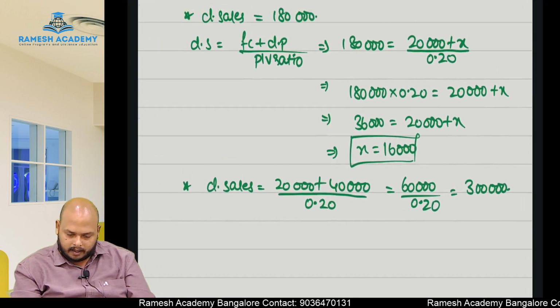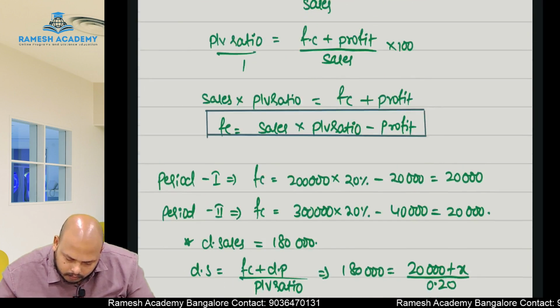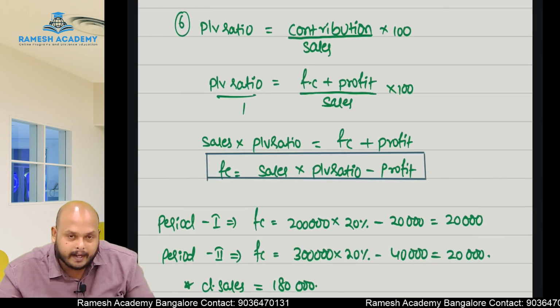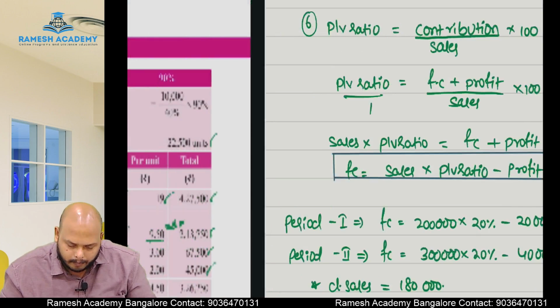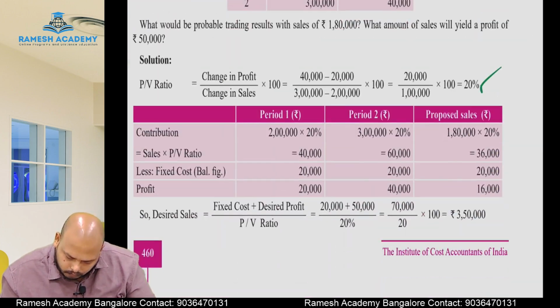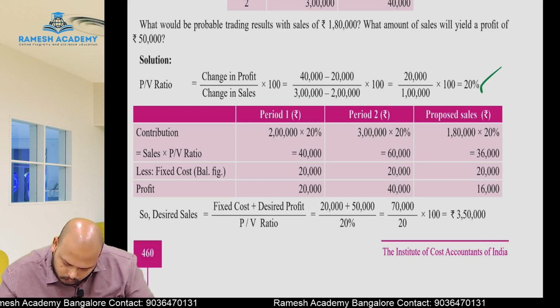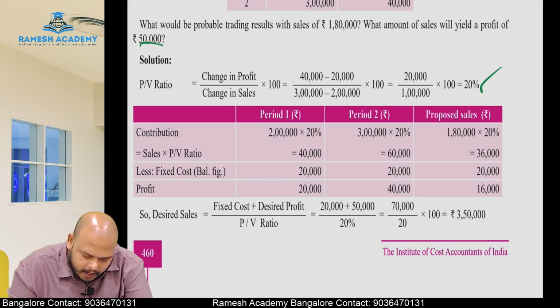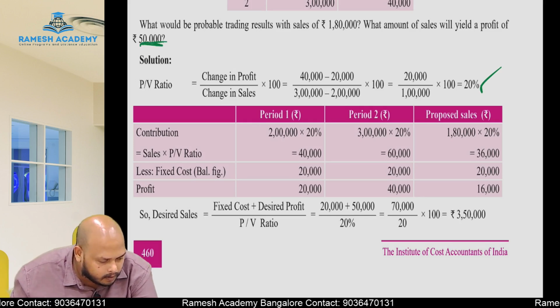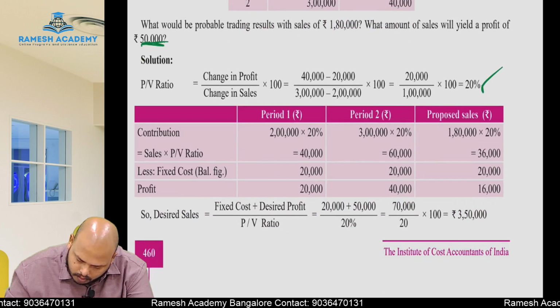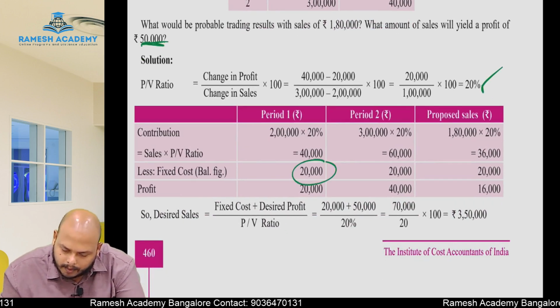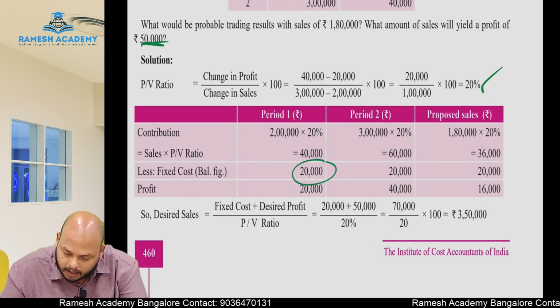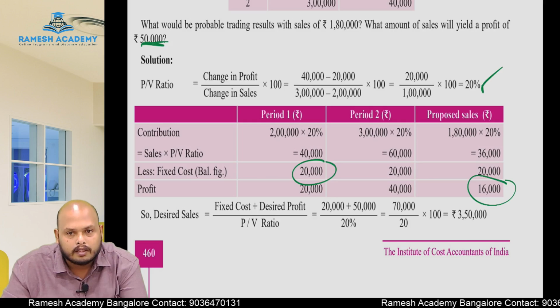Okay? See in the answer, same thing he will calculate. But he will not derive this formula, just directly he will try to apply the formula. Okay, sorry, he gave desired profit as 50,000 and not 40,000. Fixed cost of 20,000, he also got the same answer. When the proposed sales is 1,80,000, what is the profit he got? 16,000.